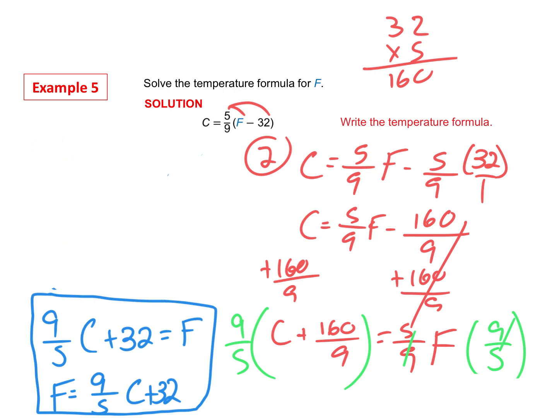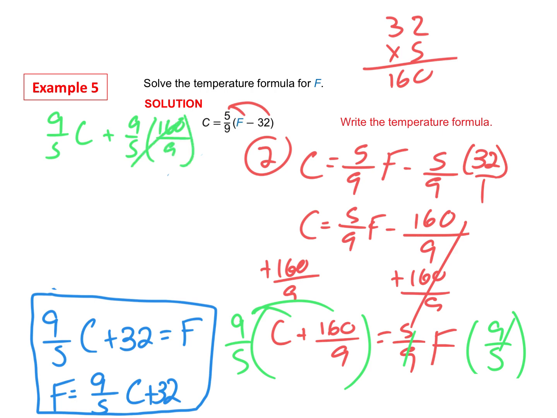Okay, now I'm going to distribute that 9 over 5 to both terms, which is going to give me 9 over 5 C. I'm going to write down 9 over 5 times 160 over 9 first, and then give you the simplified version.